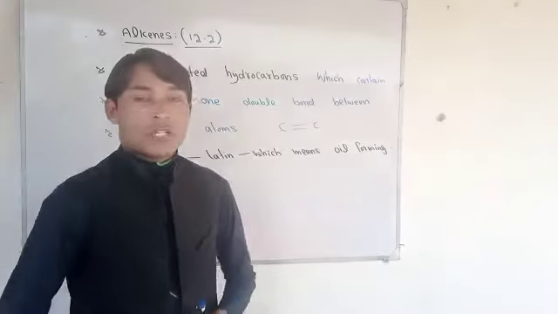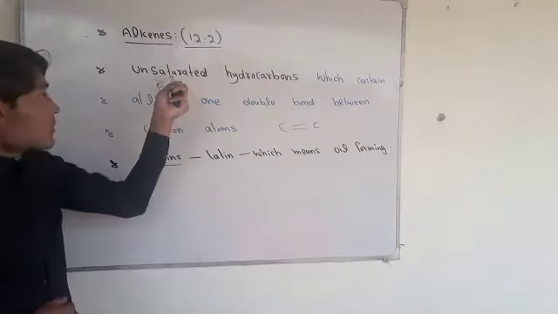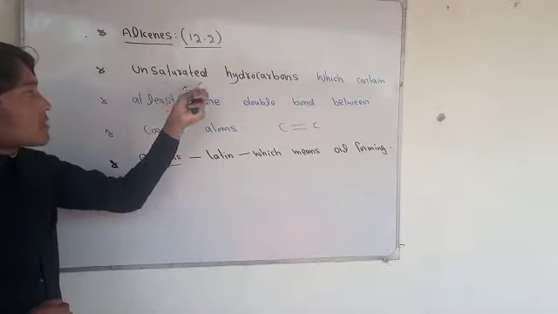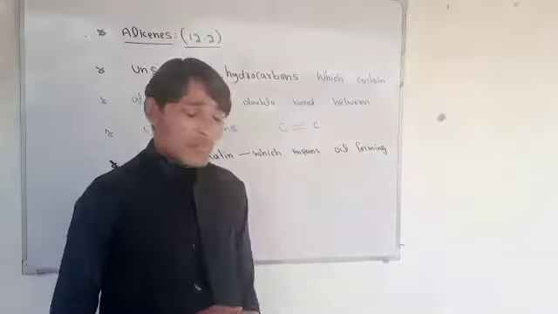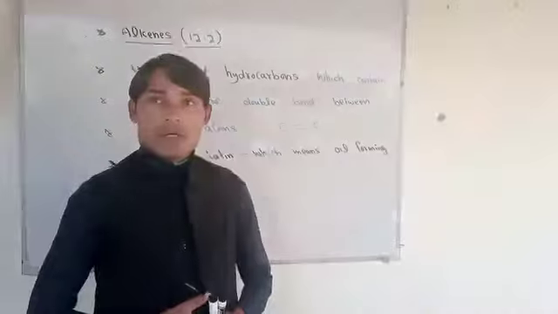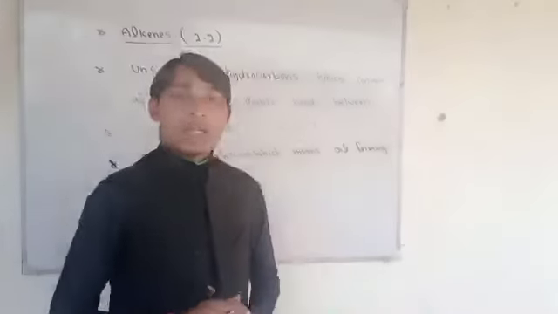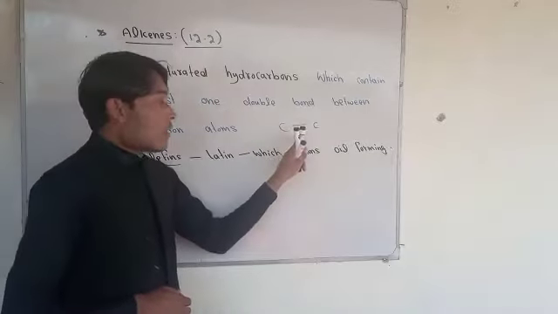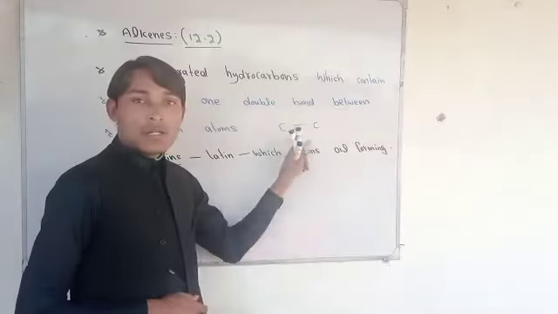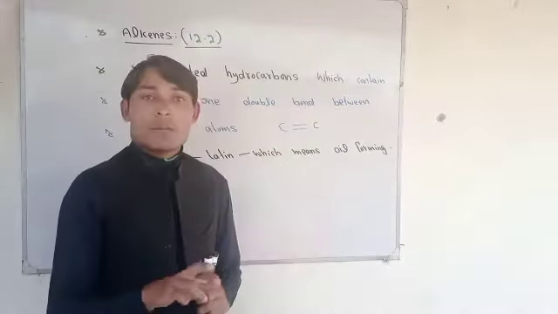Now let's talk about the first property, that it is called unsaturated hydrocarbon. Keep in mind that unsaturated hydrocarbons contain double and triple bonds. But in case of alkenes, it is not necessary that only a single double bond will be present.